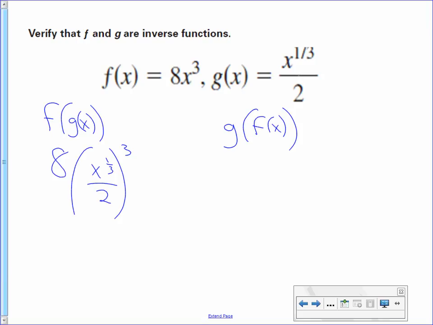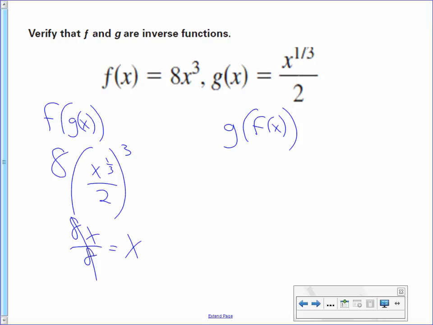Now remember, I have x to the 1/3 cubed. That means the cube root of x cubed is x. So it says 8x over 8, because 2 cubed is also 8. What's 8 divided by 8? You substitute, we wind up with x. Okay?